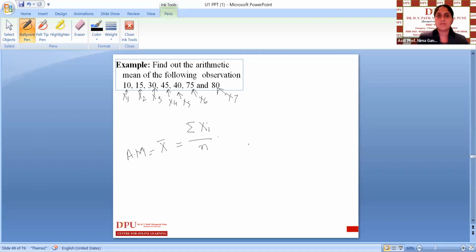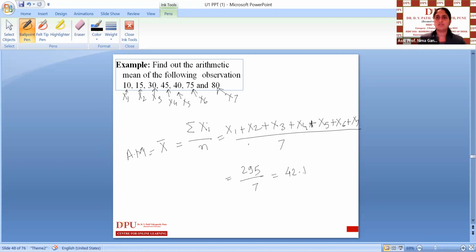Summation of xi means you're adding all the xi's: x1 plus x2 plus x3 plus x4 plus x5 plus x6 plus x7, divided by the number of observations, 7. If you do the total of this, it is 295, I think, divided by 7. So your answer is 42.1.